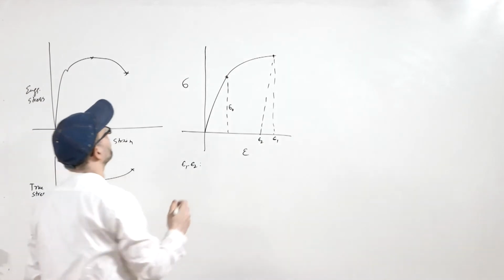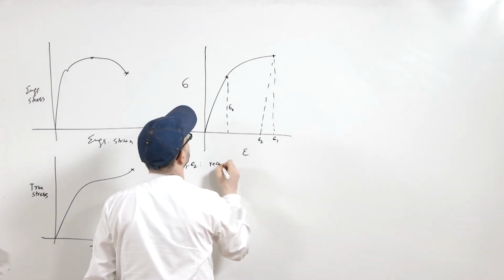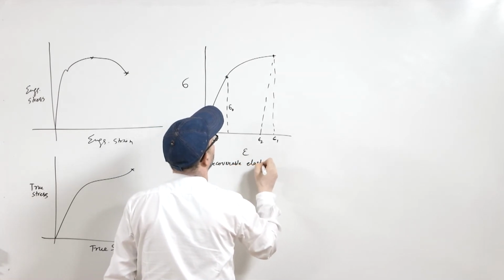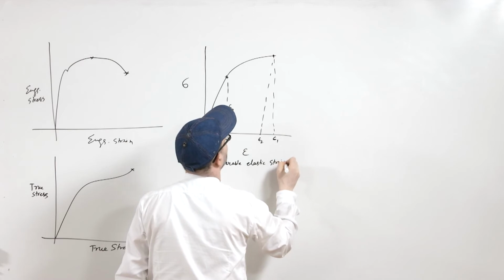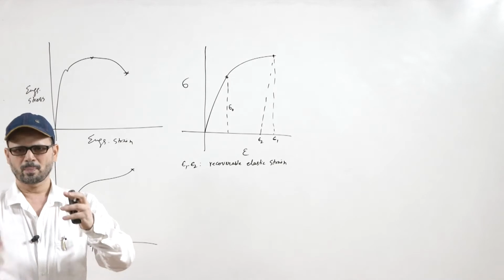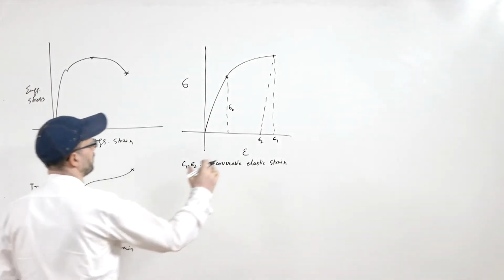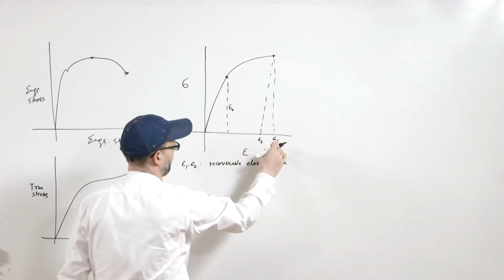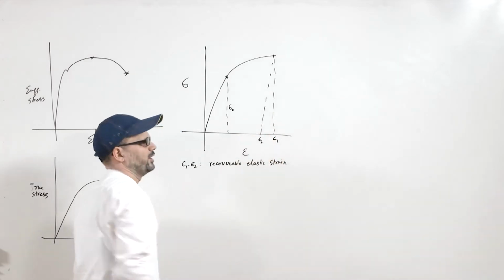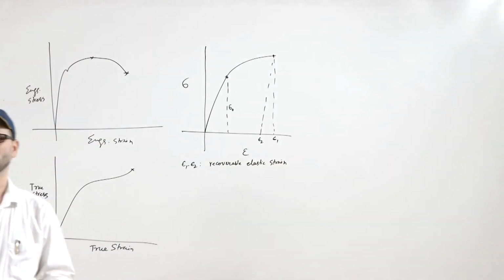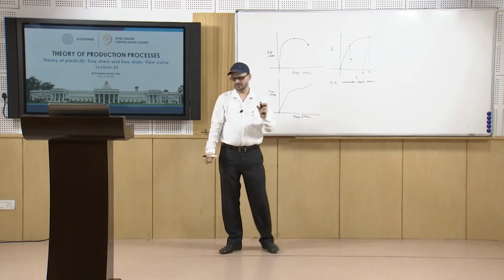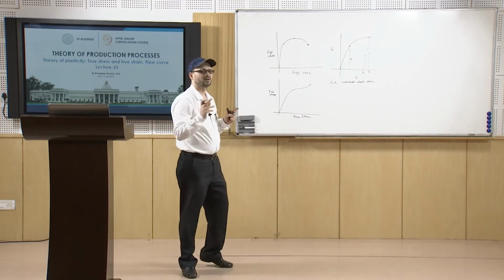So it is known as recoverable elastic strain. So basically the total strain at this point was epsilon 1, and once you release that, you come to the zero stress condition. So you are coming to this point, and this strain which is recovered, because of the elastic property, is known as recoverable elastic strain.